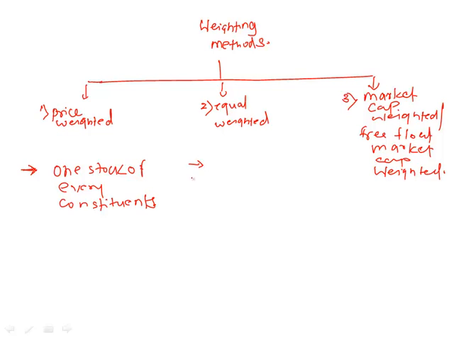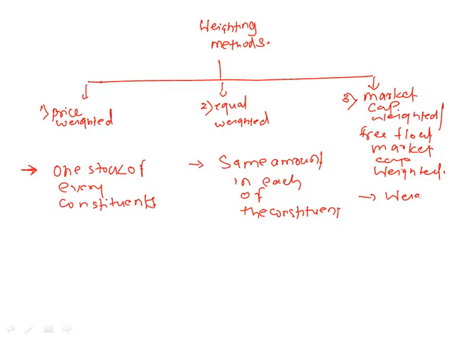In equal weighted, the same amount is invested in each of the constituents. And in market cap weighted, the weight is the market cap.